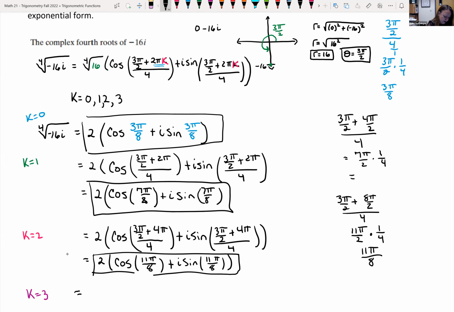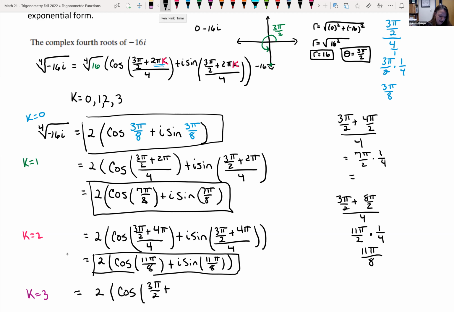So when k is 3, I get 2 all times cosine of 3 pi halves plus 2 pi times k, which is 3. 2 pi times 3 is 6 pi.